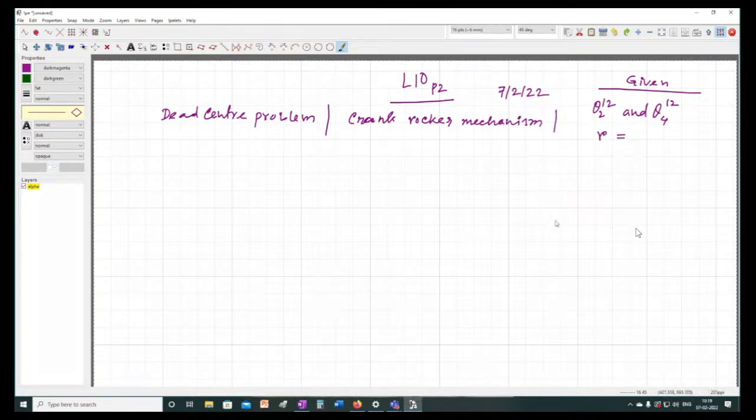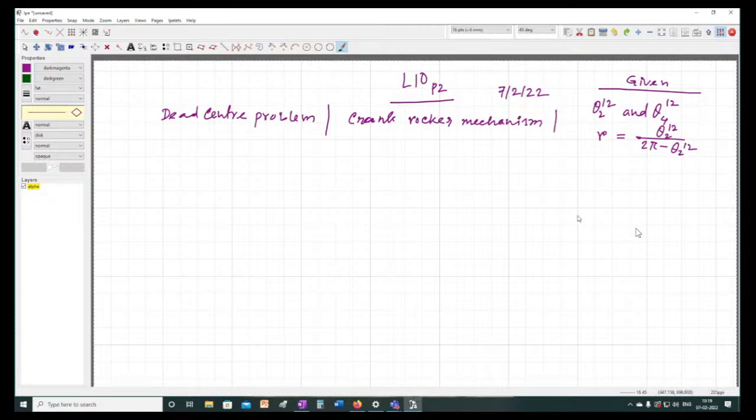Quick return ratio means the crank is rotating, so from position 1 to position 2, there is a ratio we have already defined in our previous discussion. This ratio is given by theta 2 12 divided by 2 pi minus theta 2 12.